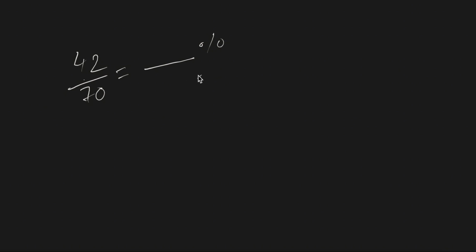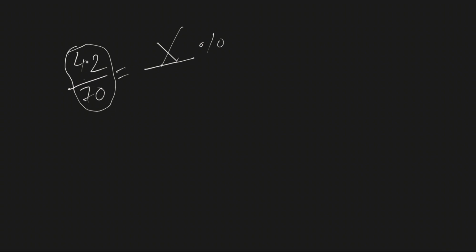An easier way would be, oops, I'm sorry about that. Let me clear that out. Cool. An easier way would be, let's just use this as unknown. Just divide this directly, either using a calculator or if you know the table for 70, go ahead.